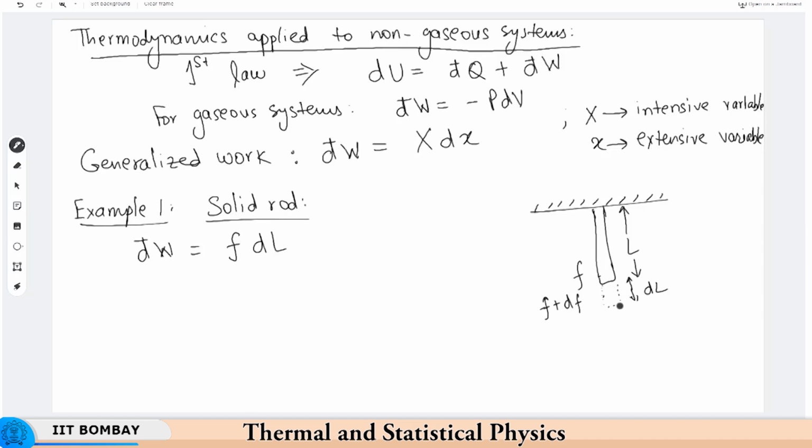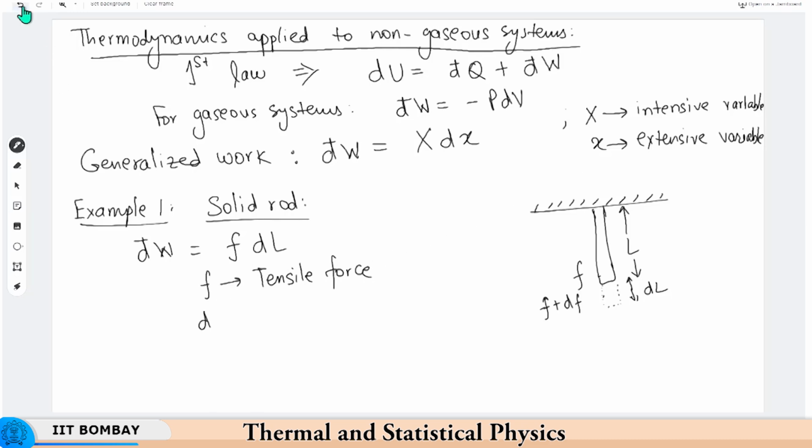This is the amount of work this force is doing to increase the length of the rod by an amount dl, and F is the tensile force, and you can very easily see that it is an intensive variable.